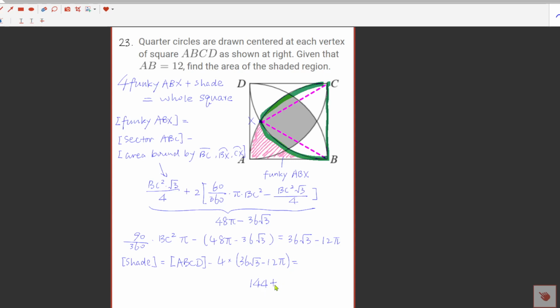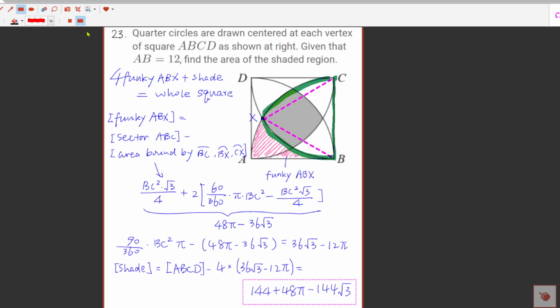Okay, 144 plus 48 pi minus 144 square root 3. That's the final result. And sorry, there's a typo here. This should be 4 funky ABX plus the shade equals the whole square.